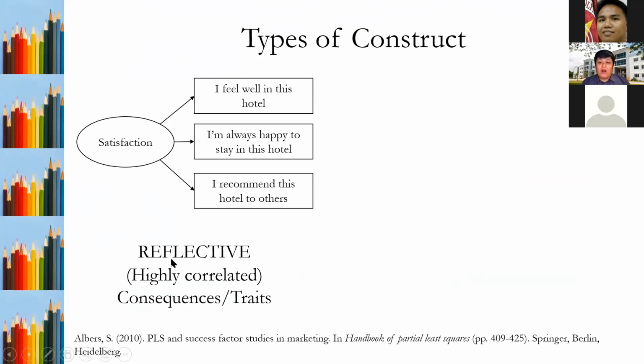So if we treat satisfaction as a reflective construct, let's assume these are the items or indicators. Our first indicator tells us, I feel well in this hotel. Number 2, I'm always happy to stay in this hotel. Number 3, I recommend this hotel to others.